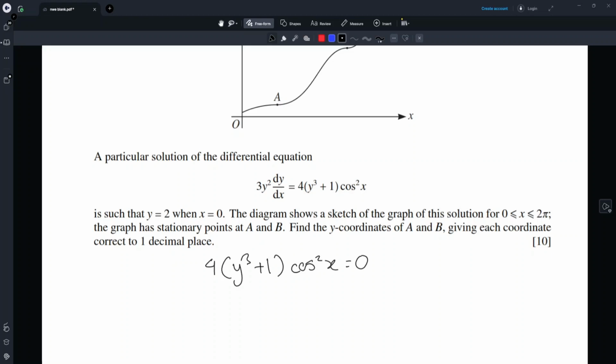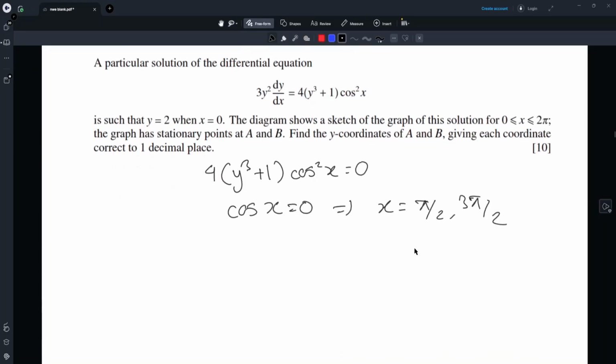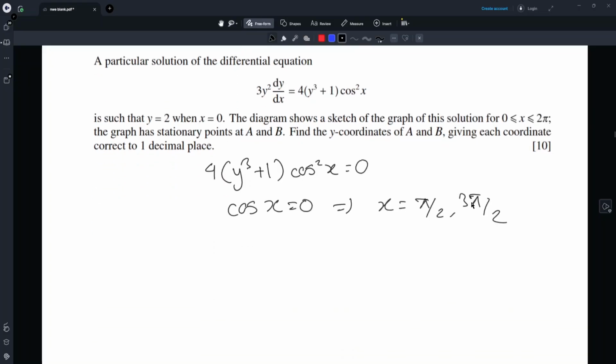So basically this thing equals 0 is one solution, and this thing equals 0 is another solution. So cos x equals 0, and I know that it is 0 at x equals π/2 and 3π/2. That's 3 marks from here. These are the only solutions from 0 to 2π.